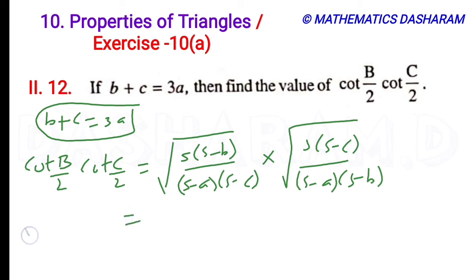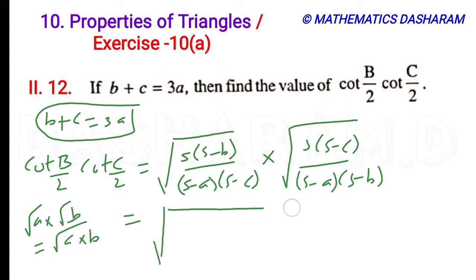So here root a into root b equals root of ab, so apply the single square root for all terms.